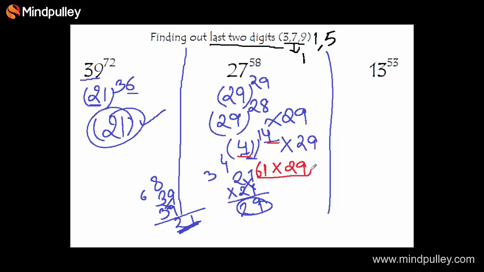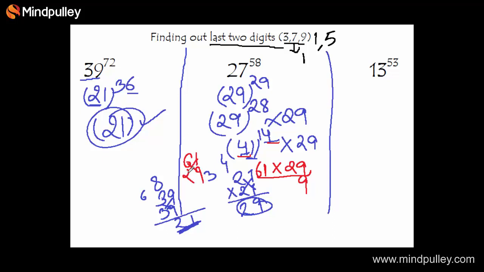Now we have terms in multiplication. Then 9 times 1 is 9, and what is the second digit that we can multiply? 61 times 29.